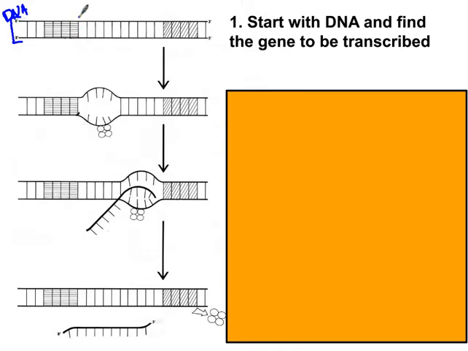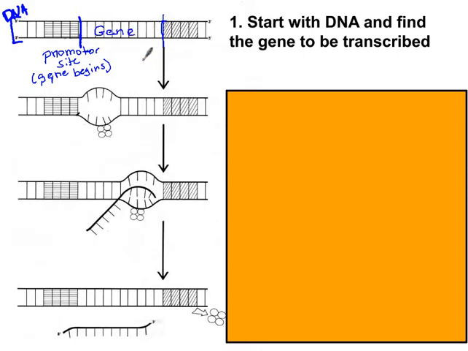And right here would be what's called a promoter site. Basically, a promoter site is just where the gene begins. So this whole section right here, this whole area, is our gene.